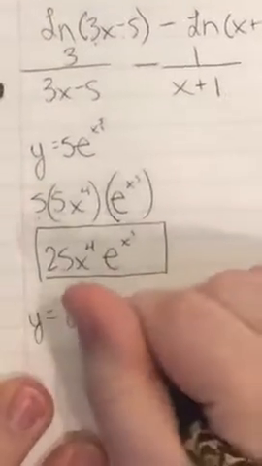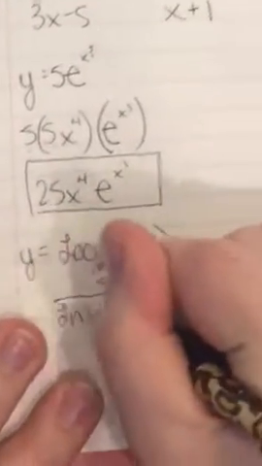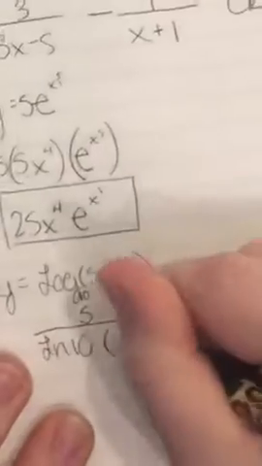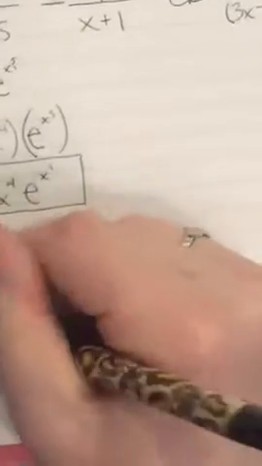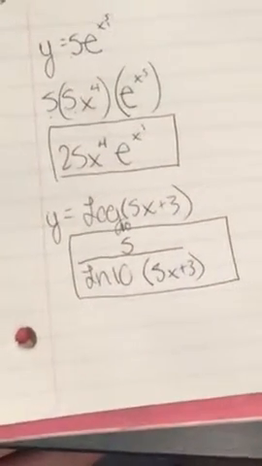The derivative of 5x plus 3 is simply 5, all over the ln of a, the ln of your base, which in this case is the ln of 10, times your u itself, so times 5x plus 3. That is as simplified as that one gets.